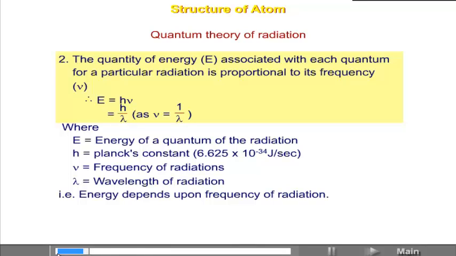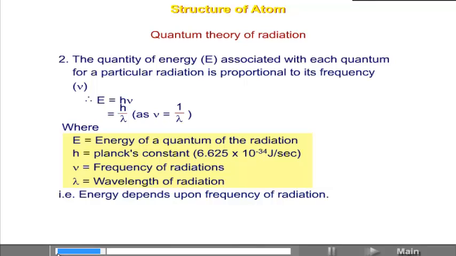Therefore, E is equal to h nu, which is equal to h c upon lambda, as nu is equal to c upon lambda, where E is the energy of a quantum of the radiation. h is Planck's constant having value 6.625 × 10^-34 joule second.